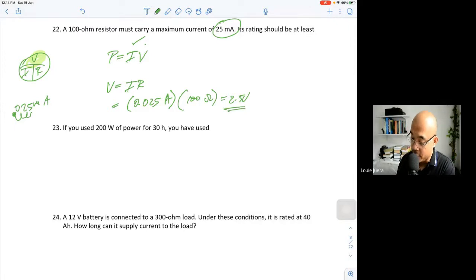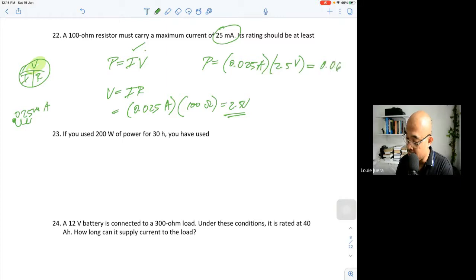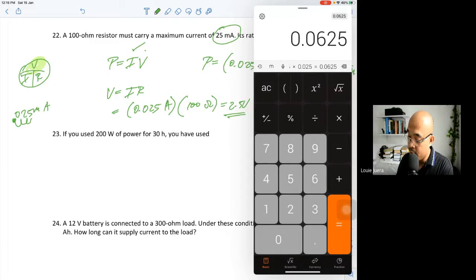Now you can compute for the power here, the minimum power. The power is equal to the current, 0.025 ampere, multiplied by the voltage, 2.5 volts. So 2.5 multiplied by 0.025 is equal to 0.0625 watts.